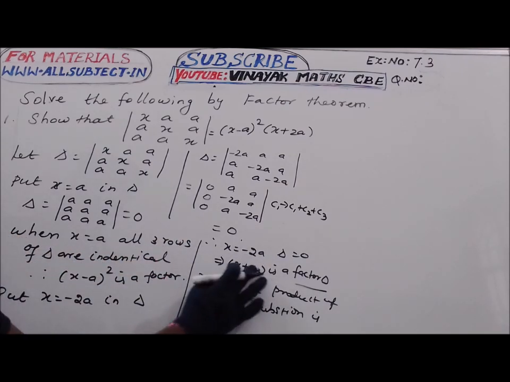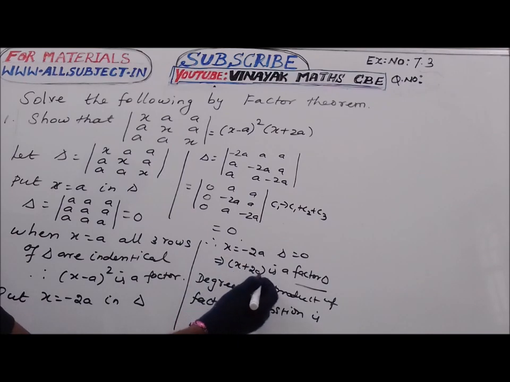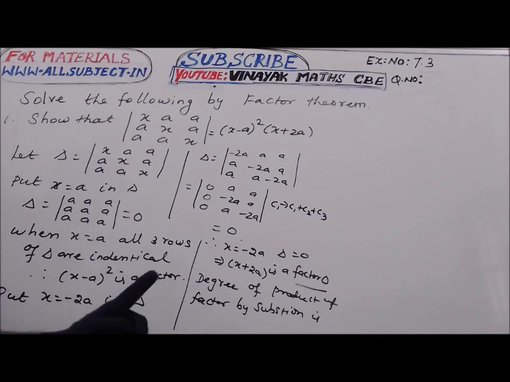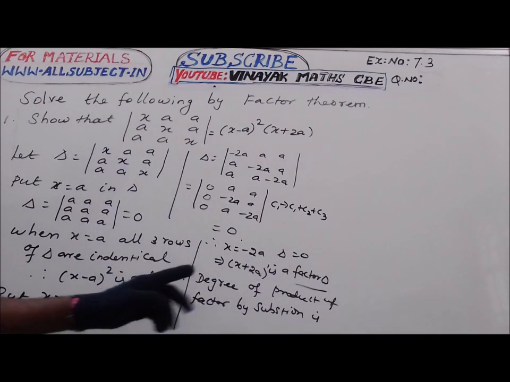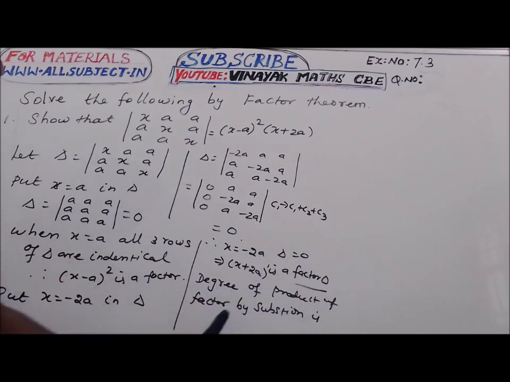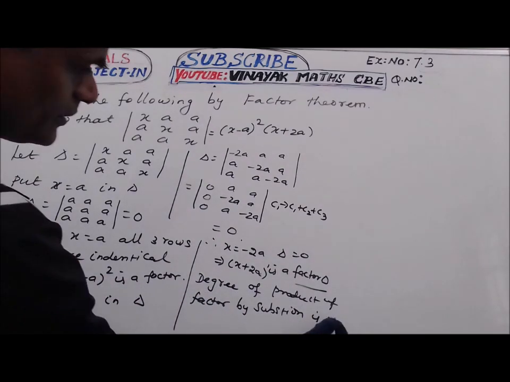So totally we have 3 as the power of the product of the factors. 2 plus 1 is 3. So the degree of the product of factors by substitution is 3.